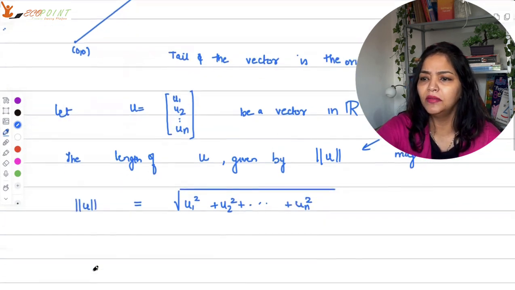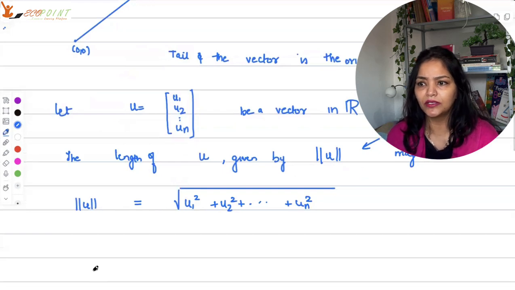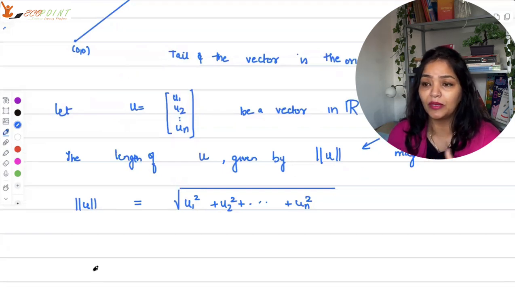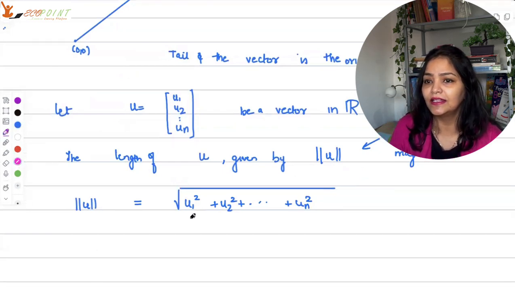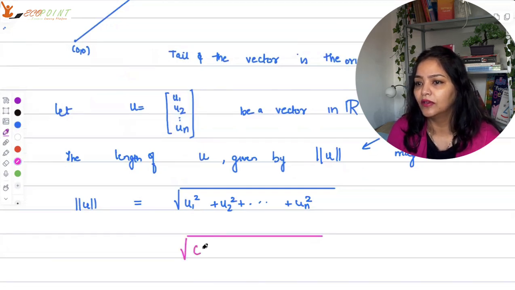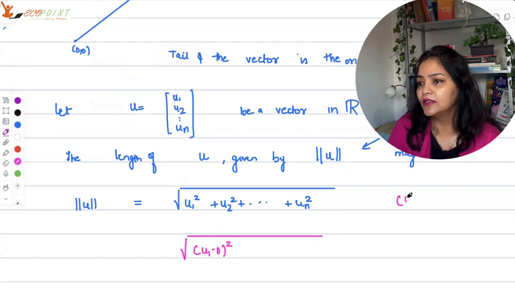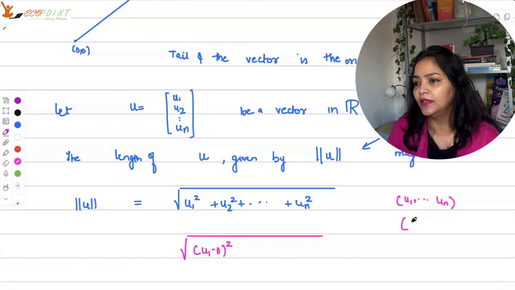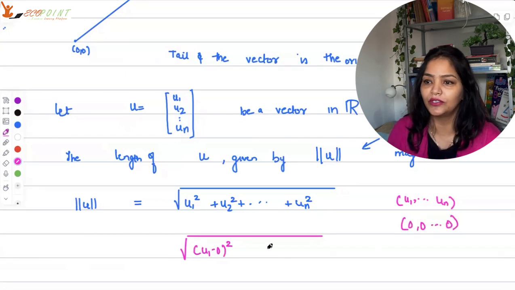Now, how come it is u1 square plus u2 square plus so on and so forth till un square? Basically, this is nothing but it is the square root of u1 minus 0 square. Since you are taking the distance between this one n-tuple and the other n-tuple is 0, the origin.